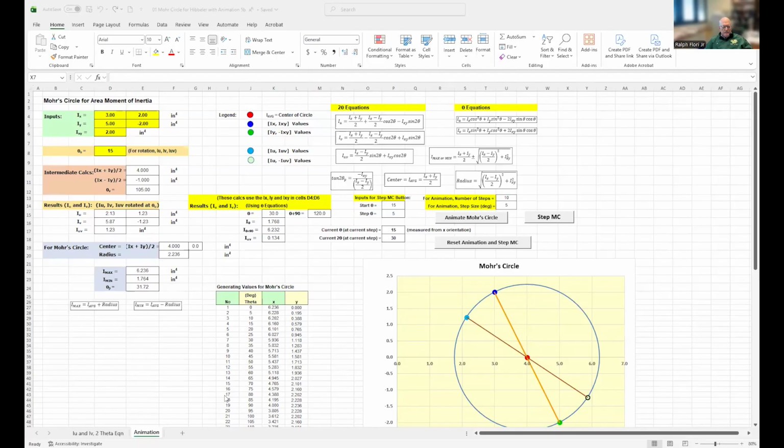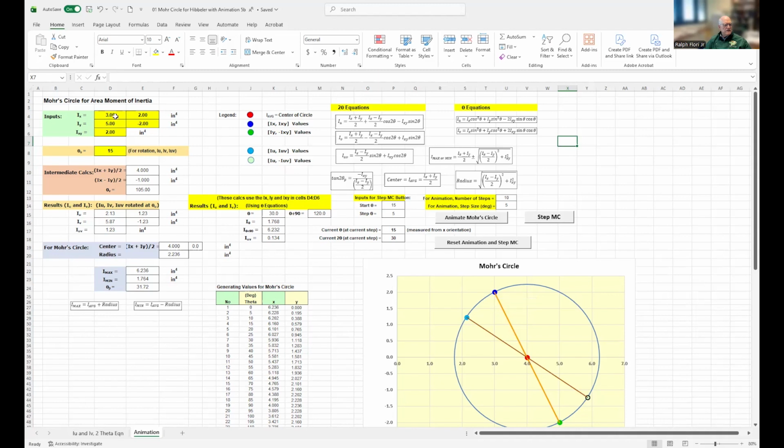I told you that Mohr circle is the locus of combination of points. I actually have a different Excel spreadsheet that's in your OneDrive or on the course website where you can input an IX, an IY, and an IXY for a given area. You can put in an angle, and it will plot. The blue circle is the IX face.